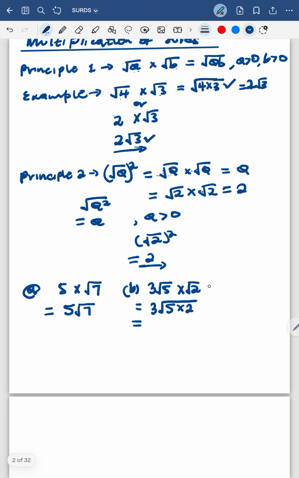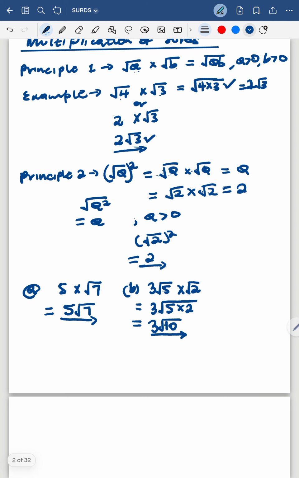If they were like terms, if you were having root 5 multiplied by root 5, we are going to have only 5 here, which is 3 multiplied by 5, it was going to be 15. So we keep these 3, then 5 multiplied by 2, it's going to be 10. This must be our answer here because we multiplied what is inside there. So 10 doesn't have a square root, so it will remain like that.